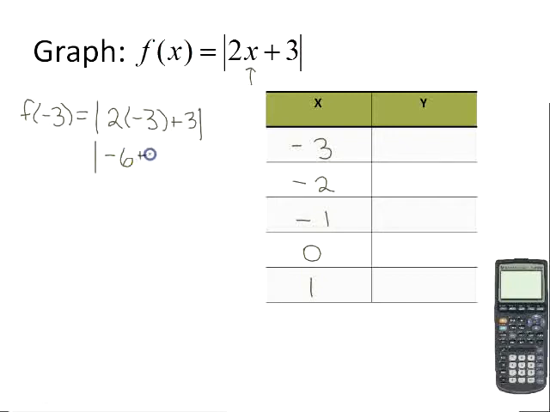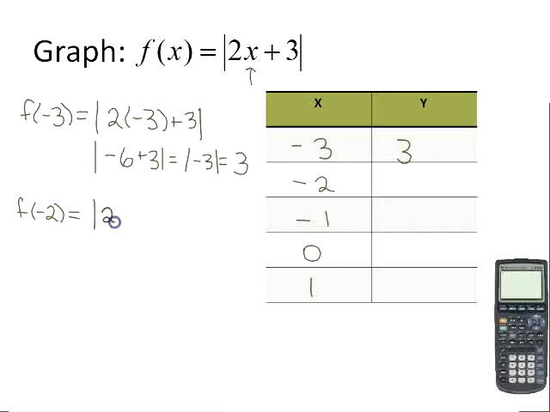So I do the work inside the absolute value bars first. This will be -6 plus 3, which means I have a -3 inside the absolute value bars. But the absolute value of -3 is 3. So my y coordinate is 3. I do the same thing with each of my x coordinates.